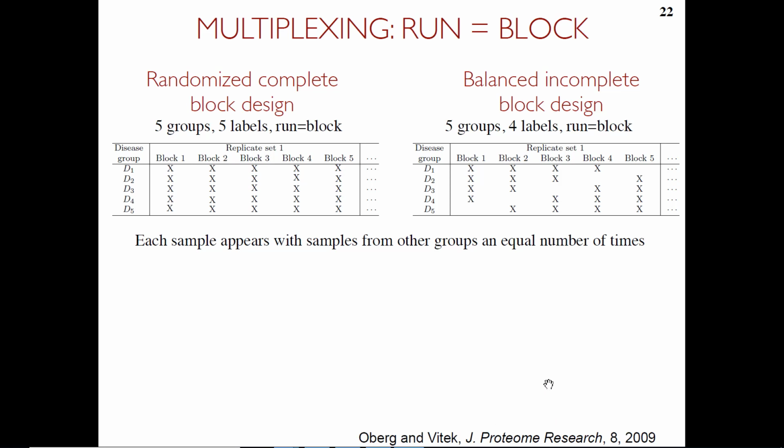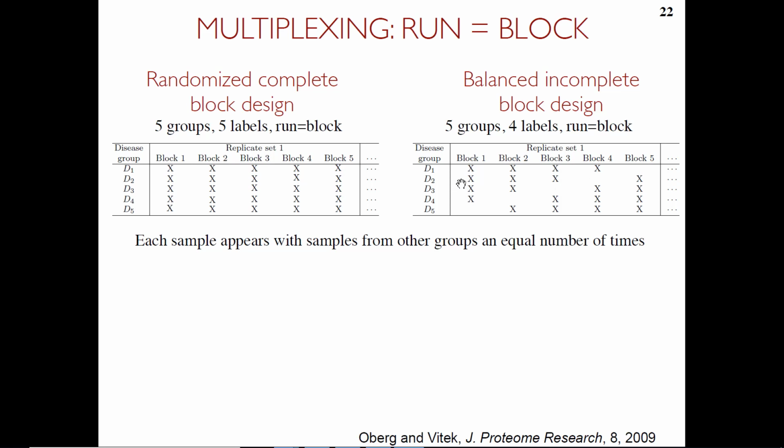So it turns out that if you have 4 labels but 5 groups, what you can do is systematically rotate the allocation of samples to the channels in this type of format, so that each block always has a different condition missing. Right? This block misses group 5, here group 4, here it misses group 3, group 2, and group 1.